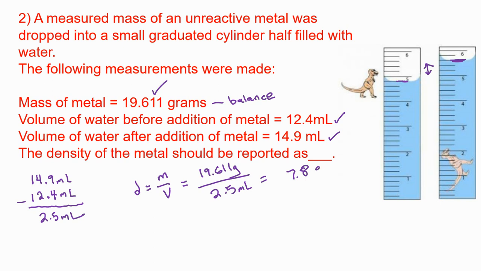And that is with units of grams divided by milliliters, our unit for density. I'm keeping 2 digits there because my volume after subtraction came out to 2 digits as well. I hope that helped, and we're going to practice a few density problems right now.